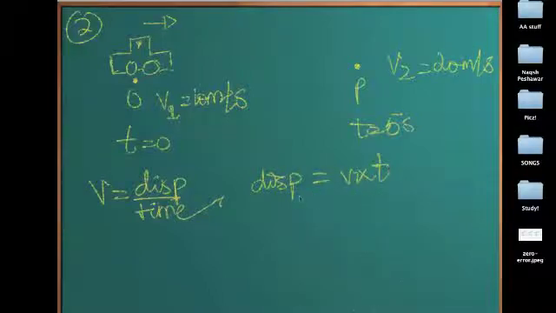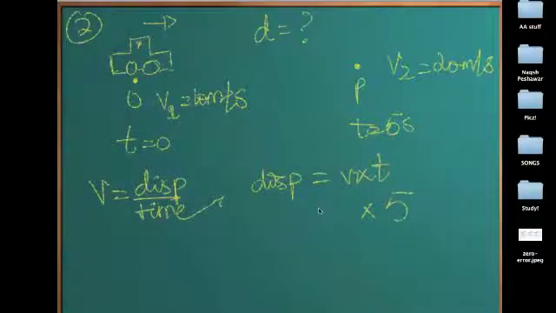So which of the two velocities should I use, 10 or 20, to get the final displacement? As in, how much displacement have I covered in this time? We have the time, which is 5 seconds, but we do not exactly know which velocity to use.